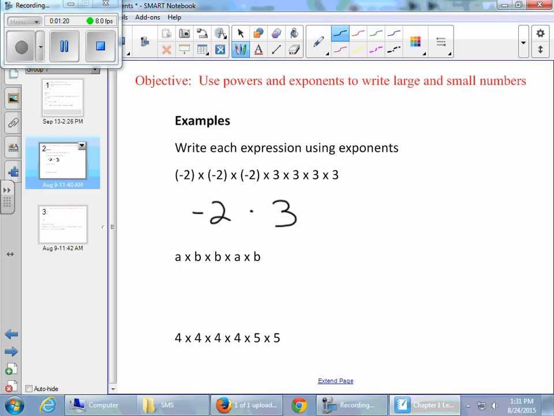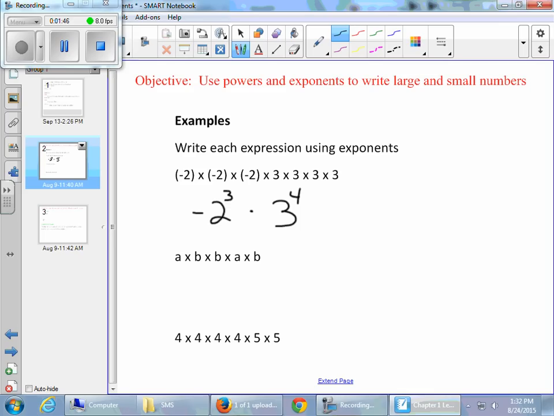And then our exponent, the little number, is how many times the base shows up. So we have it 1, 2, 3. So to the third power. Our base 3 here shows up 1, 2, 3, 4 times. That's all you need to do. We're just writing an expression. We're not solving. So -2 to the third power times 3 to the fourth power.